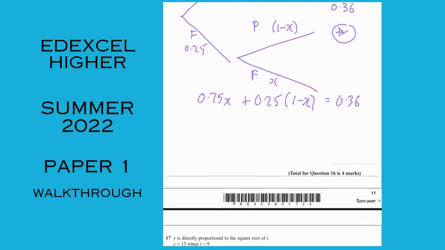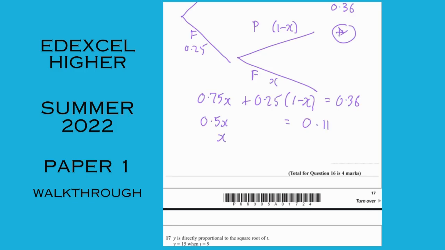So you've now got away from the probability tree, you've got some algebra. So we've got 0.75x, take away 0.25x, and we've got 0.25 when expanded, take that away from both sides.